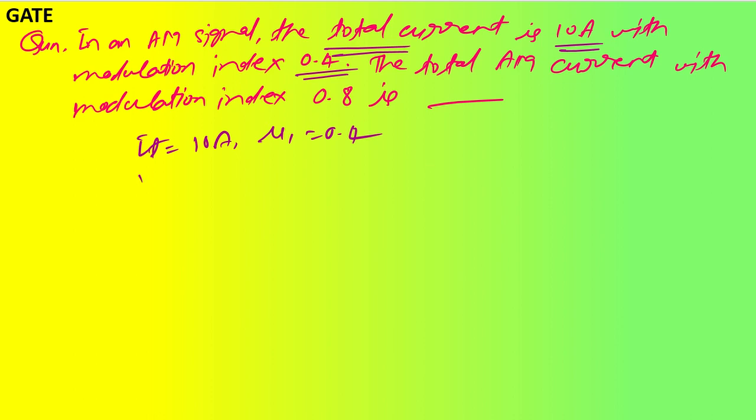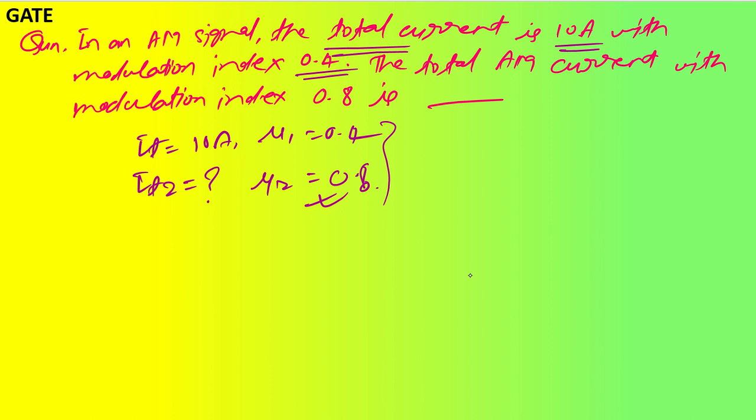So basically we have to find IT2 for modulation index 0.8. It is not consecutive modulations, it is separate modulations. Once it was there, we want to find out what would be the total current with this modulation index.